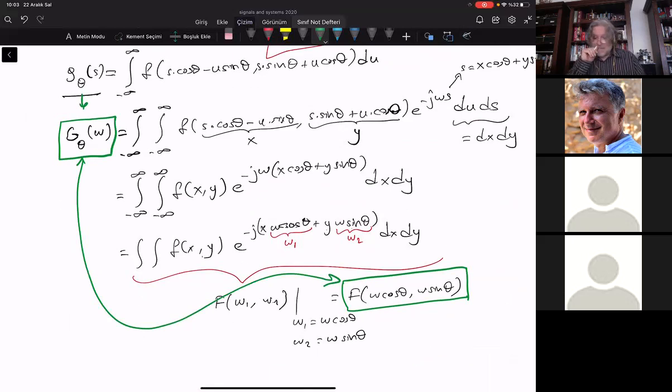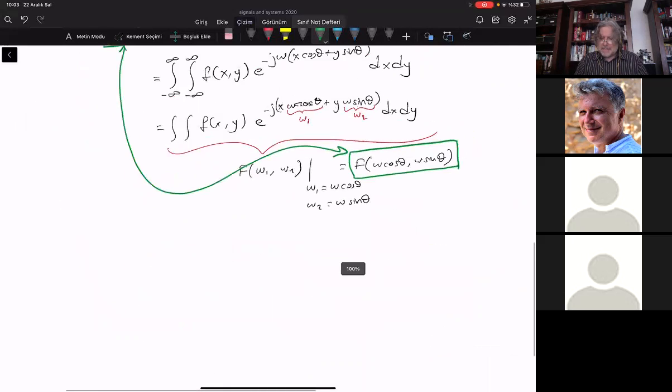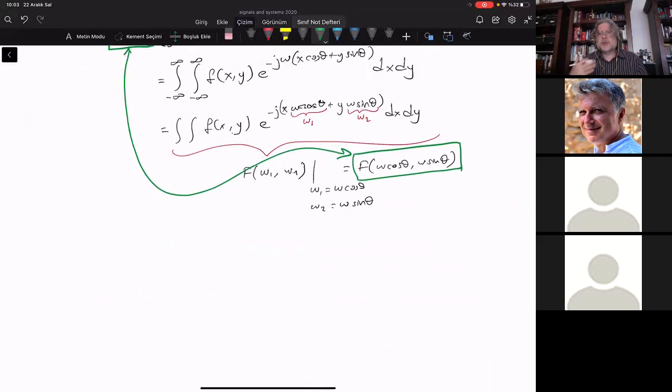So it's giving me an impression that the Radon transform's Fourier transform and the image's Fourier transform are the same things. Since we have only the Radon transform, but we don't have the image, let us solve this problem by finding the Fourier transform of our observations first at various theta angles, and then it will give me the Fourier transform of my image.